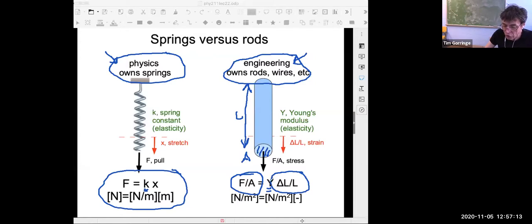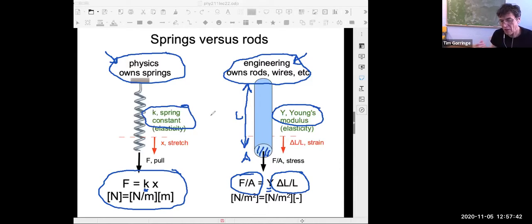And for stretching or compressing, this constant is actually, specifically, called the Young's modulus. And it parallels the role of the spring constant. In both cases, they're kind of reflecting the elasticity or the rigidity of either the spring or the wire.